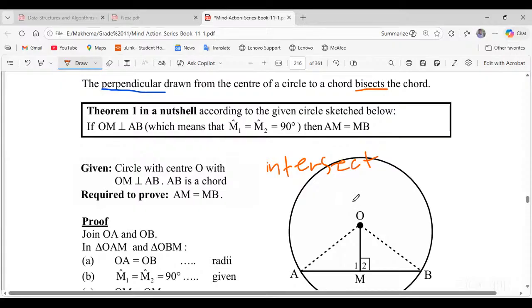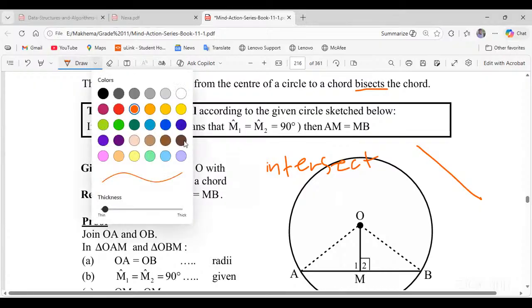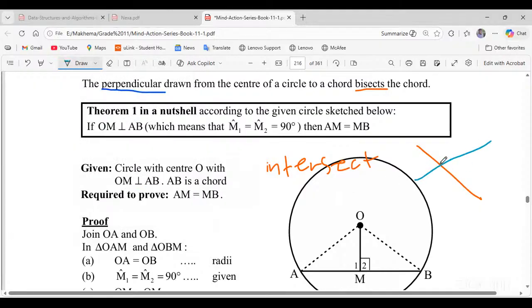If my orange line and my blue line are meeting at A, I will say the blue line and orange line are intersecting at the point A. So OM and AB are intersecting at M at this point. I believe now intersect makes sense to you.